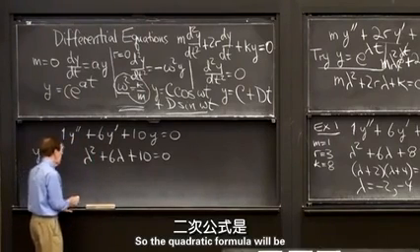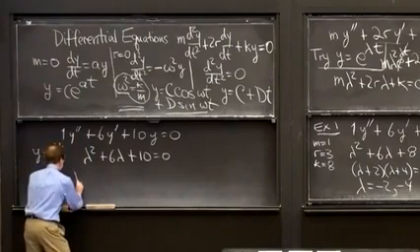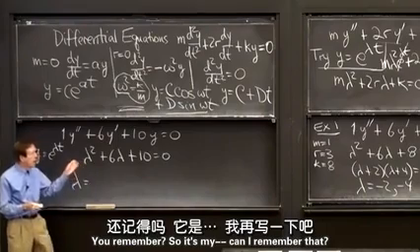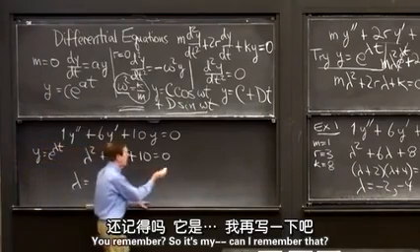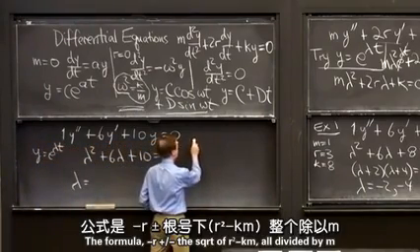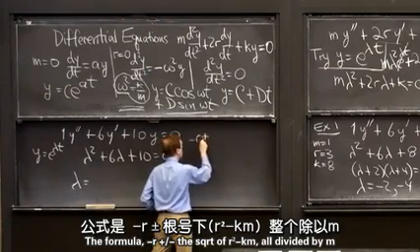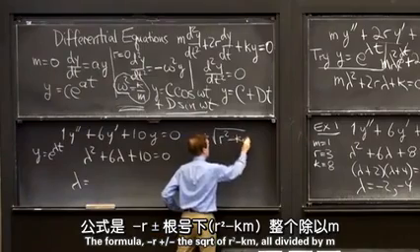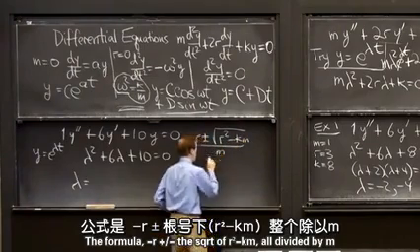So the quadratic formula will give the 2 roots lambda. You remember? Can I remember that dumb formula? Minus r plus or minus the square root of r squared minus km, all divided by m.